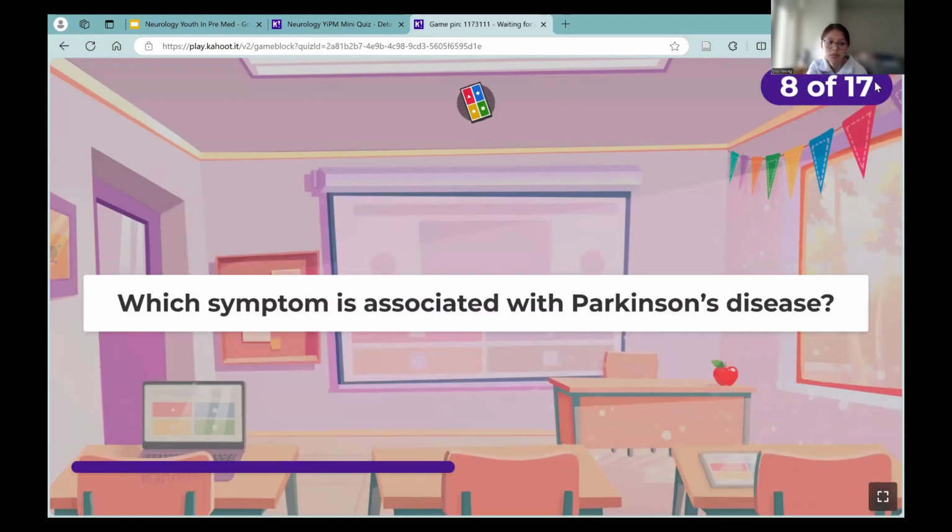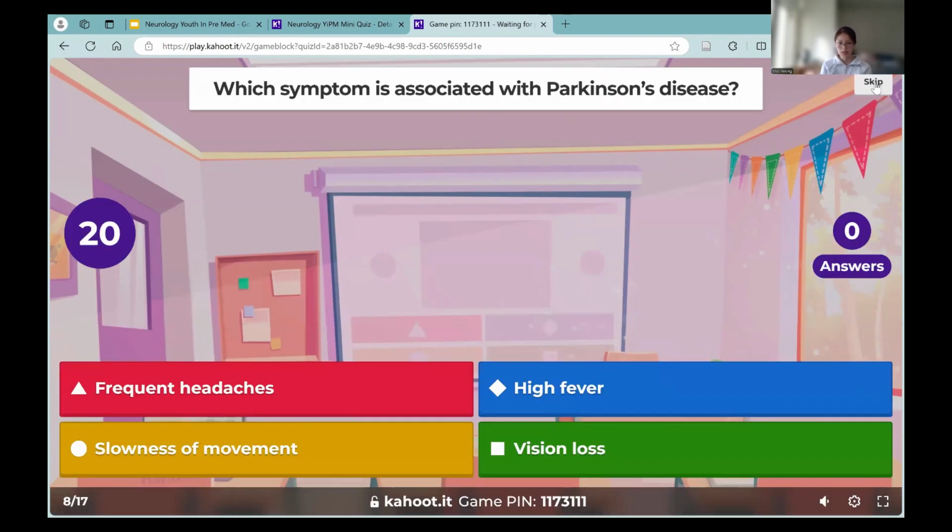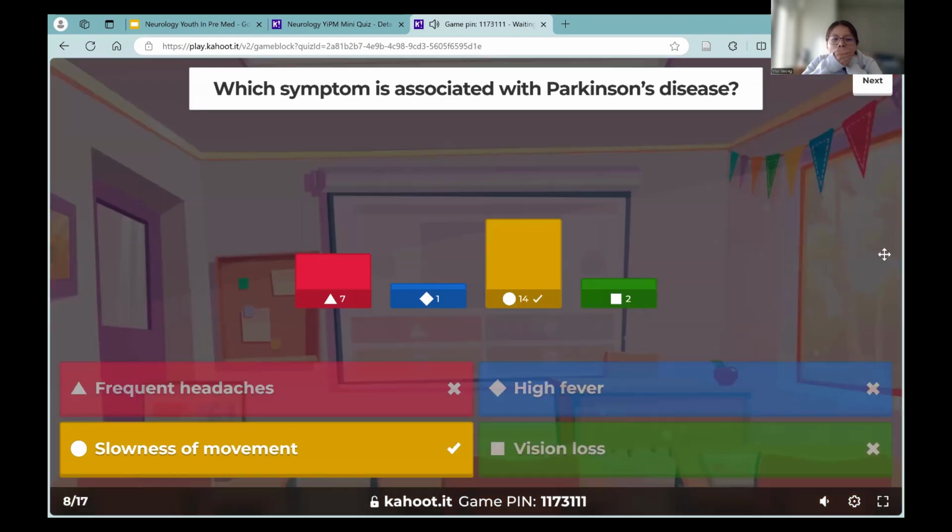Okay. And then which of the following symptoms is associated with Parkinson's disease? Right. So, slowness of movement is associated with Parkinson's disease.